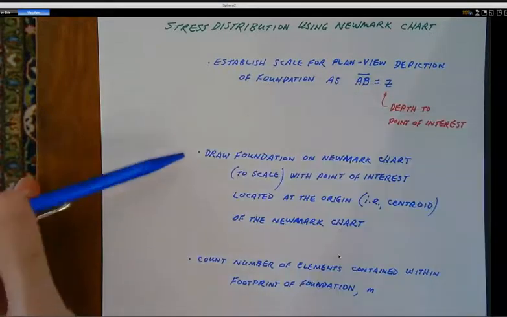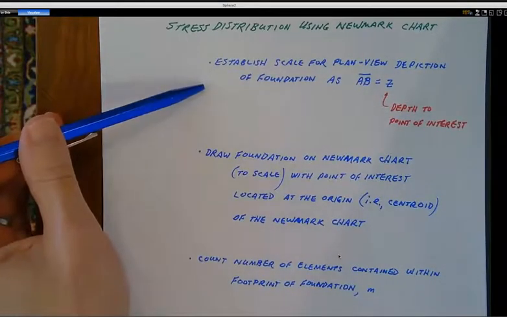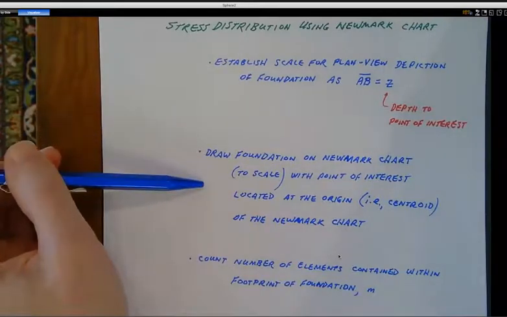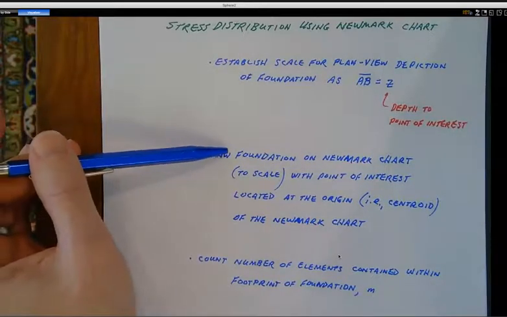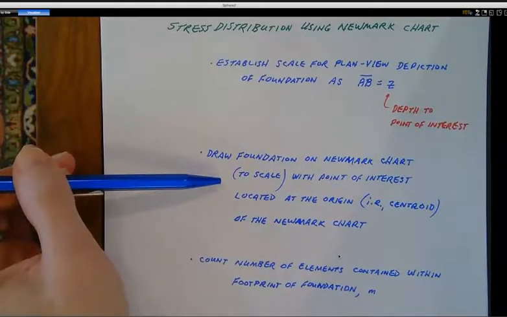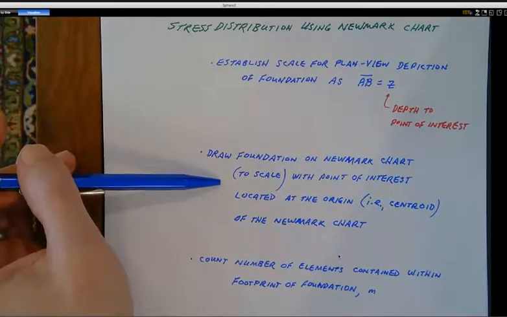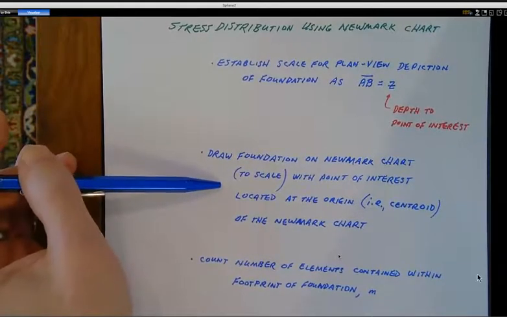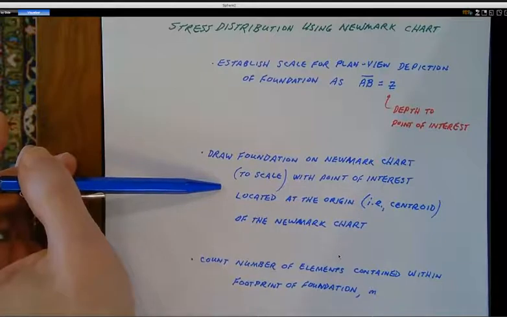Once the scale is established using that, you then draw the foundation, or again, loaded area, on the Newmark chart directly, and you draw that to scale. And you have your point of interest, that point for which you're trying to determine delta sigma.